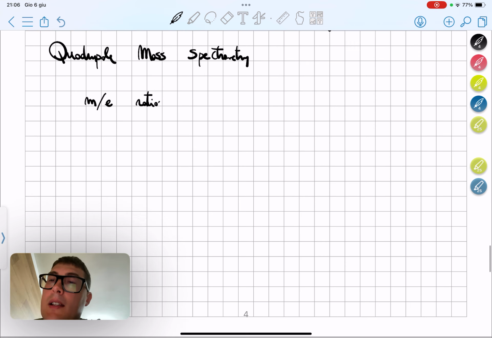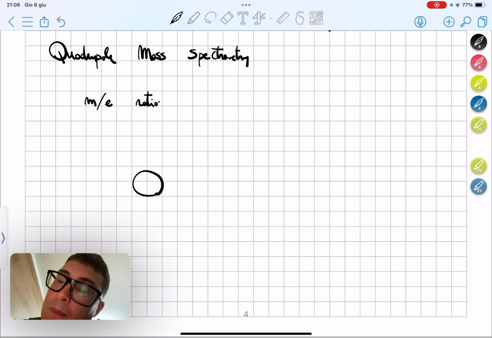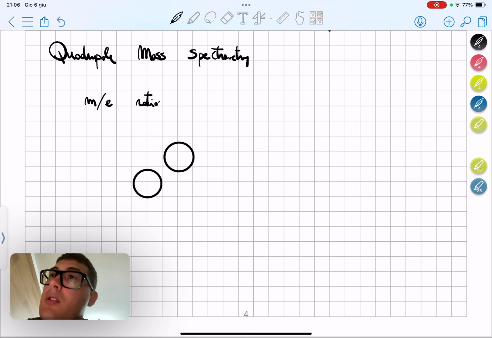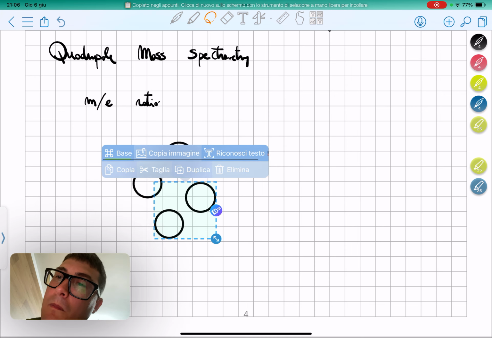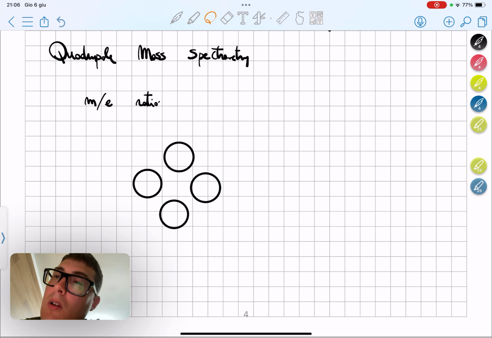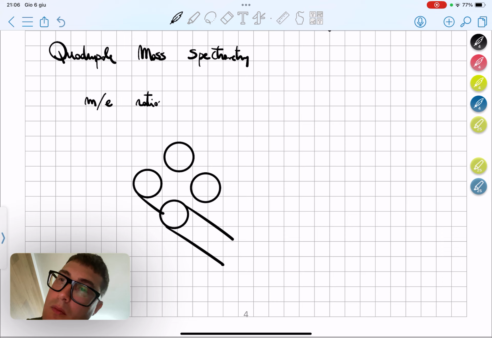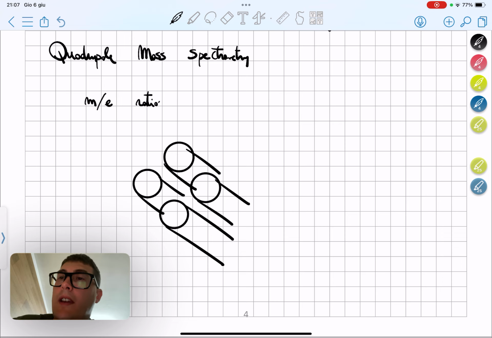So the core of this system is composed of four cylinders, like this, which have a distance r naught, roughly 3 millimeters, say, from the center.